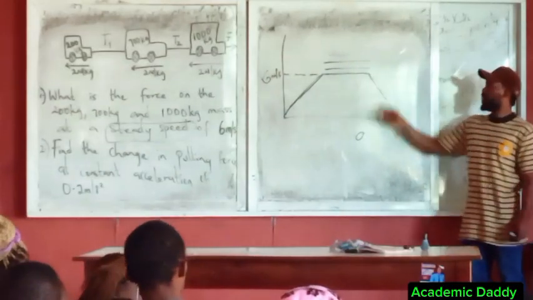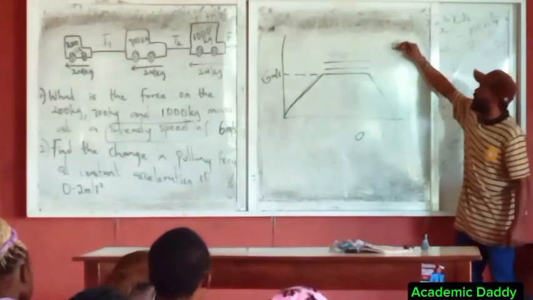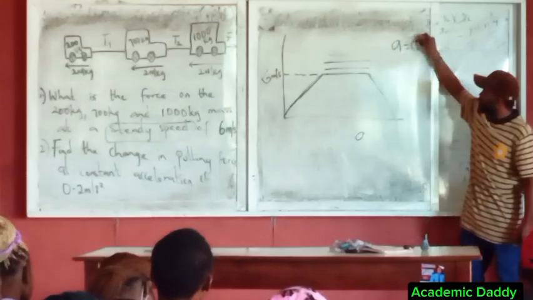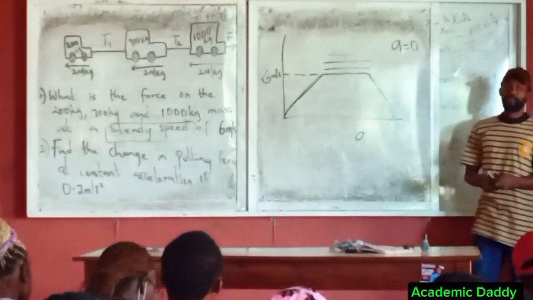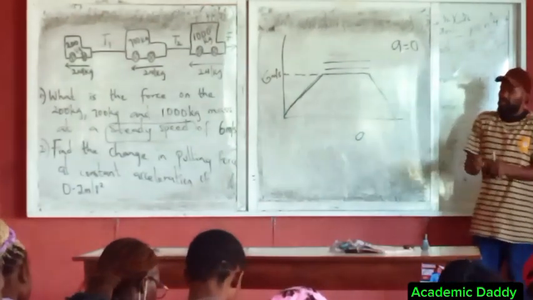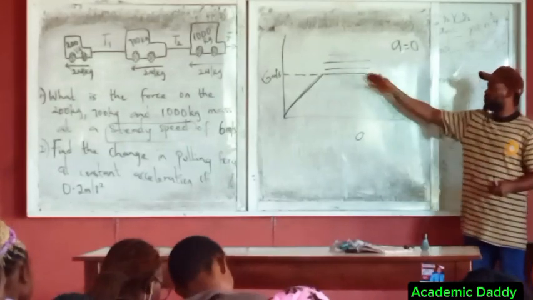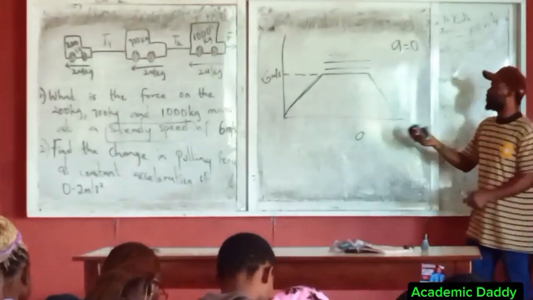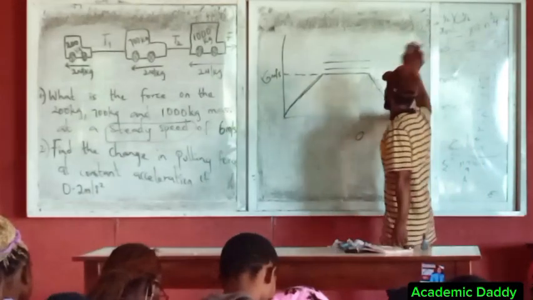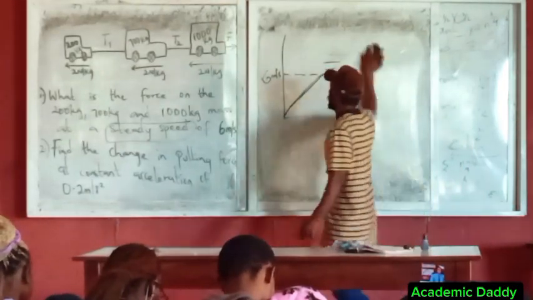So which means the acceleration will have to be zero. Very important. That's why we are telling you this, because they normally use this kind of trick, and when you see it, you might fail. So always remember that once you get constant speed, steady speed, that means acceleration equals zero.